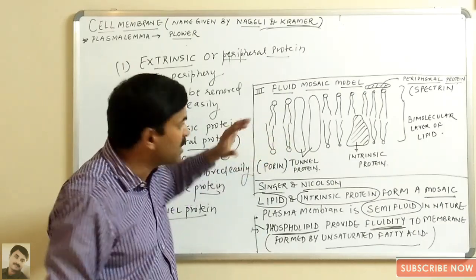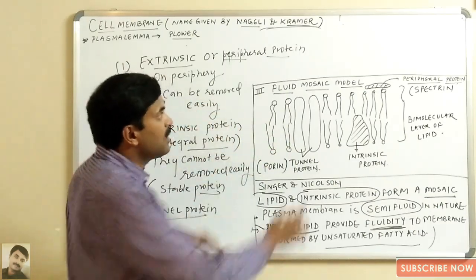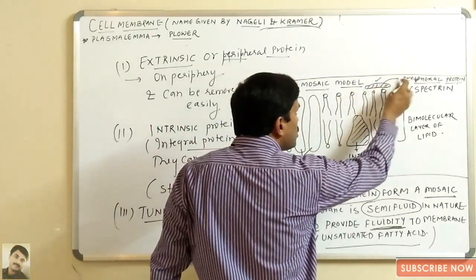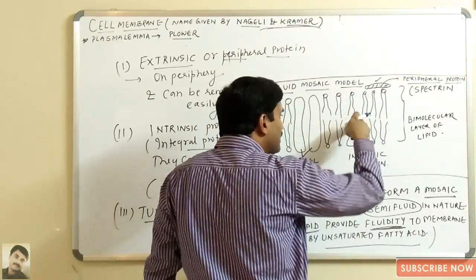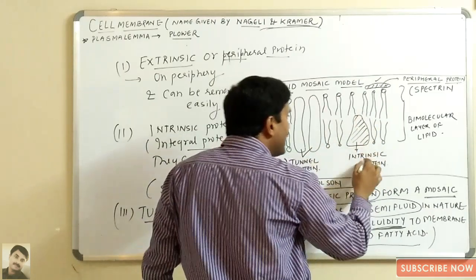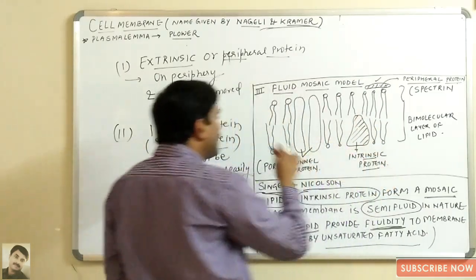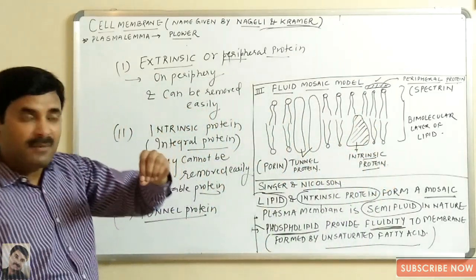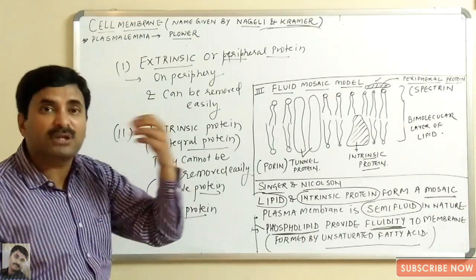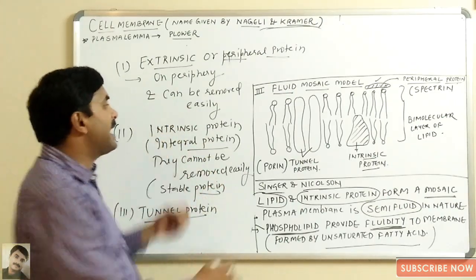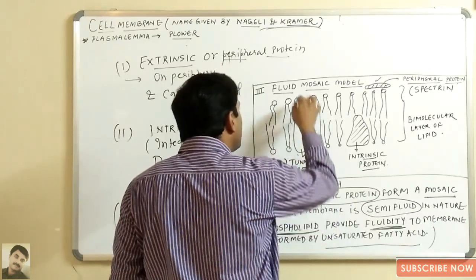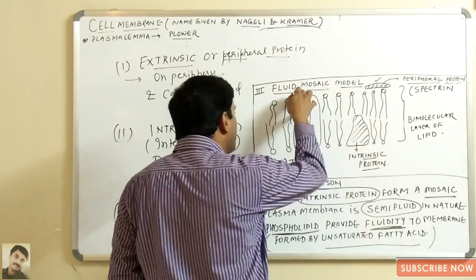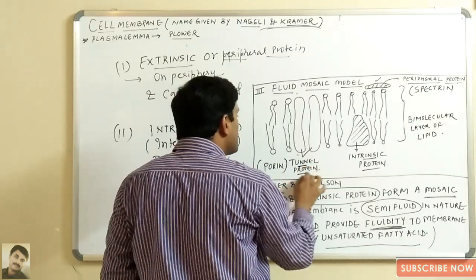Are you getting it? You are able to see three proteins. One is present at the periphery, known as the peripheral protein. One is present at the center, inside the cell membrane, and is called the intrinsic protein. And there are a few proteins meant for the transport of substances, present from one end of the plasma membrane to the other end, and these are called tunnel proteins.